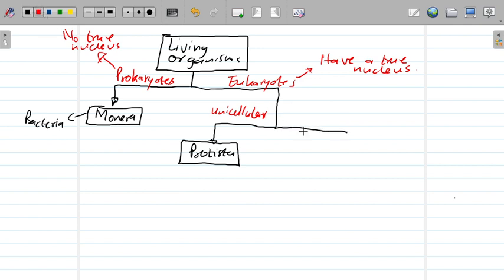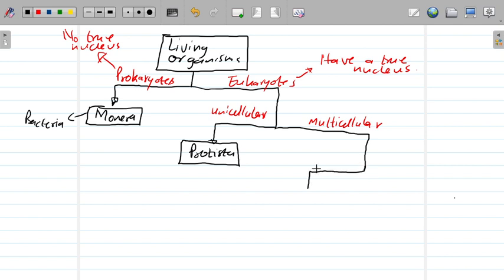So what about these guys? These guys now are multicellular eukaryotes. Remember, we do not have multicellular prokaryotes. Multicellular eukaryotes. So therefore, what is their story? Multicellular eukaryotes are divided into the following.